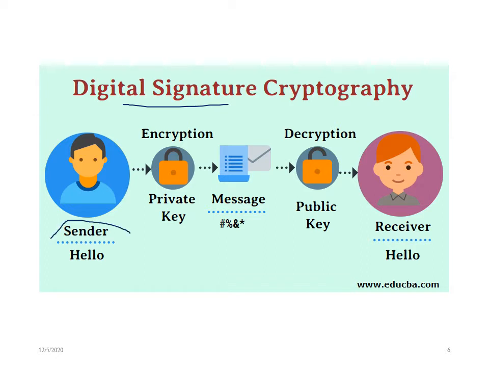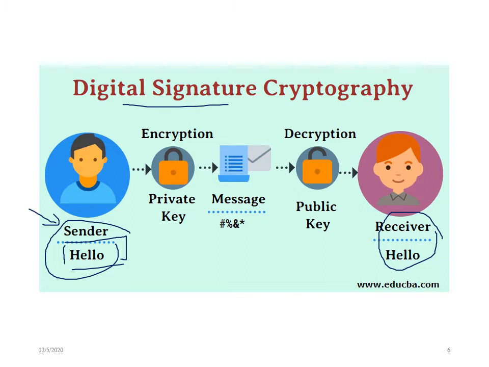Say for example, there is a sender and there is a receiver. Hello is the message I am going to send to the receiver. In the digital signature, this hello should be authenticated as having originated from a particular authentic sender. This has to be ensured with the help of the digital signature.